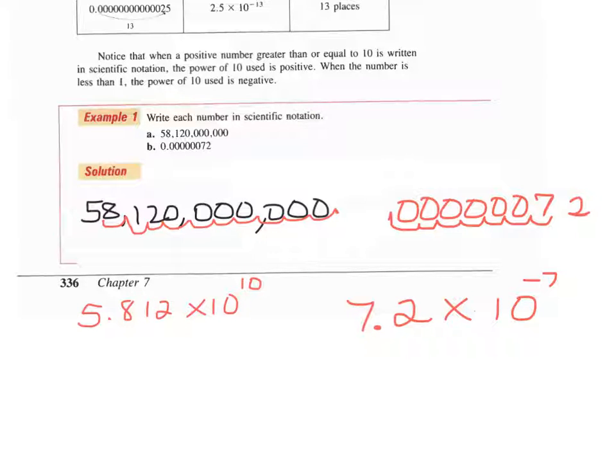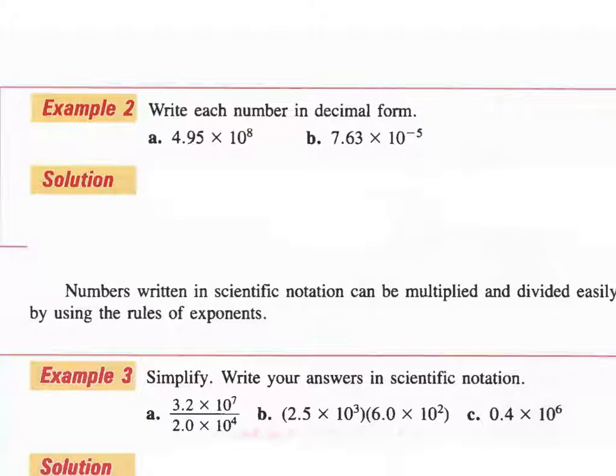Now we're going to go the other way, where your number's already in scientific notation, and they're going to want you to expand it. So here is my first number that's in scientific notation. What I'm going to do is write the 4.95. And now I'm going to look at my exponent.